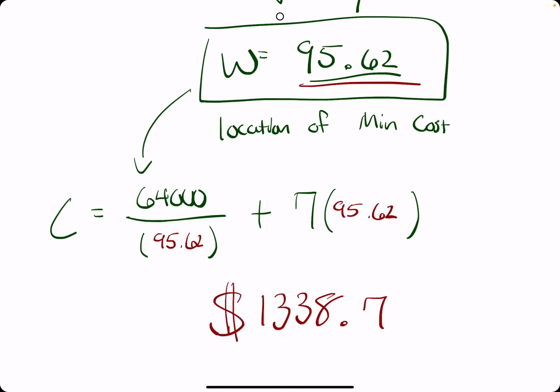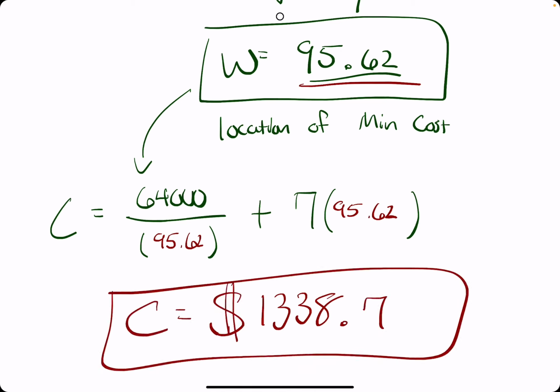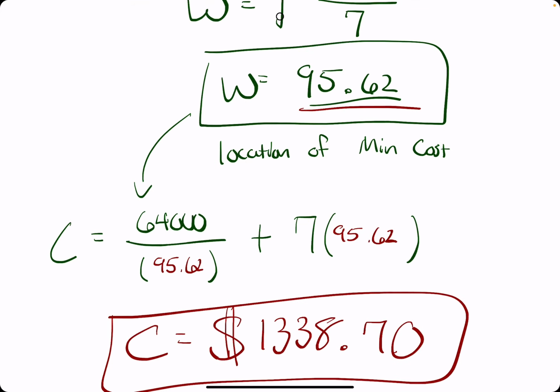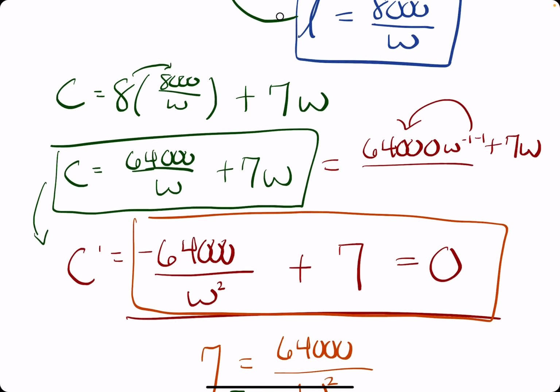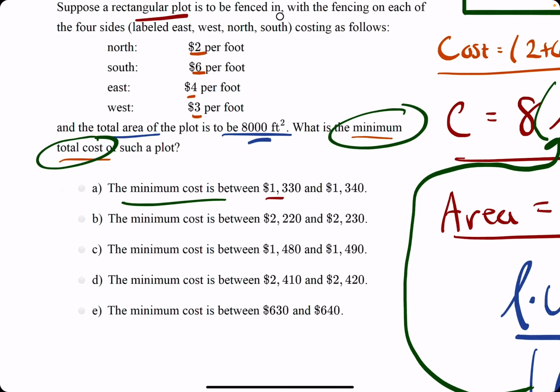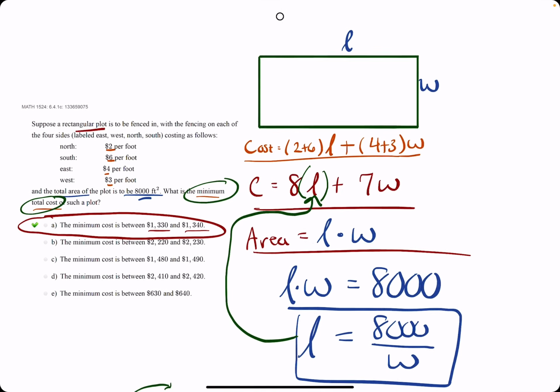We're dealing with dollars. We are dealing with the cost. This is the minimum cost for this. So we have about 1338, which is between 1330 and 1340. Break out the eraser, and we see that A is our answer.